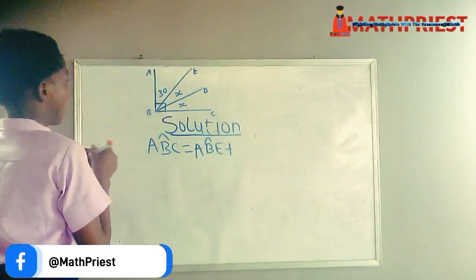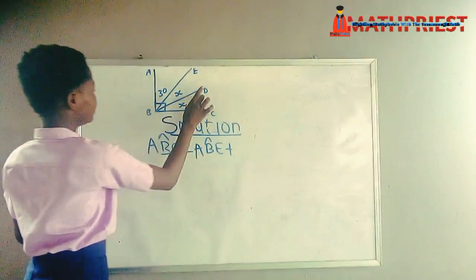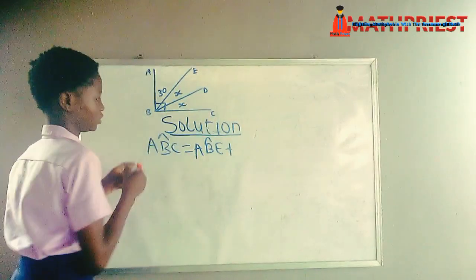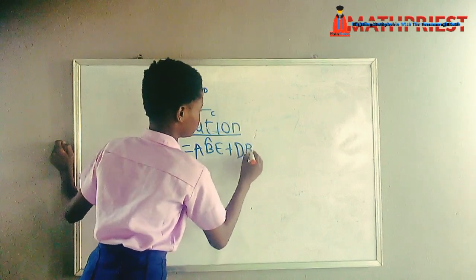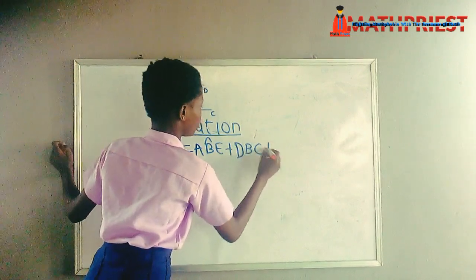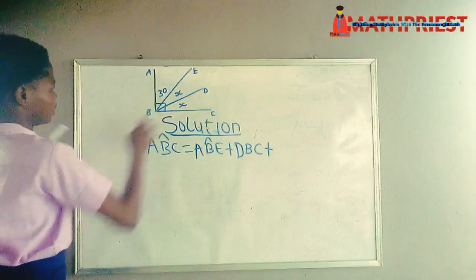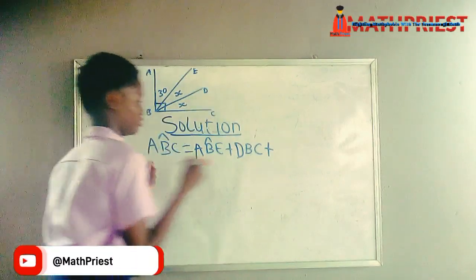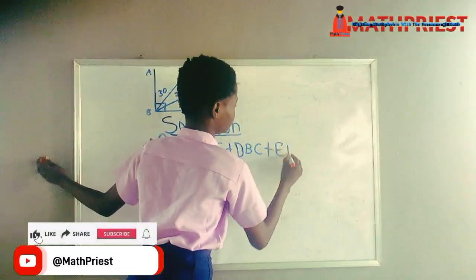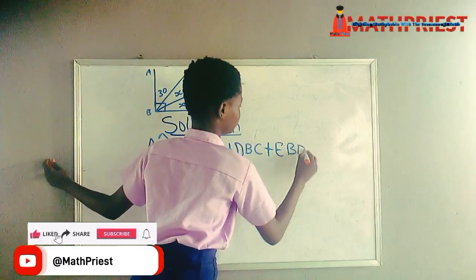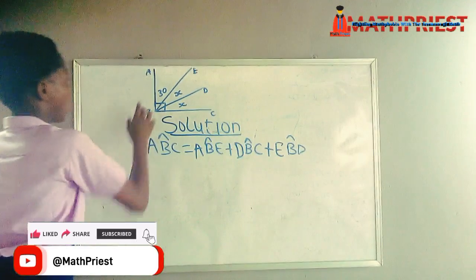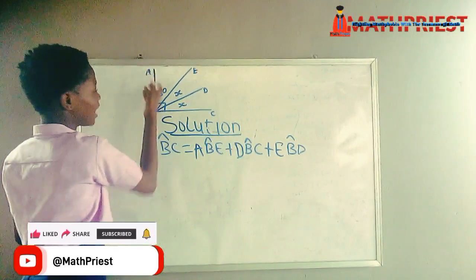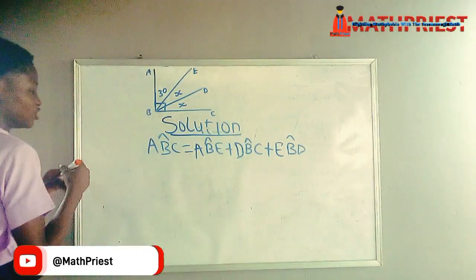plus angle DBC plus angle EBD. As we all know, our right angle is always 90 degrees.